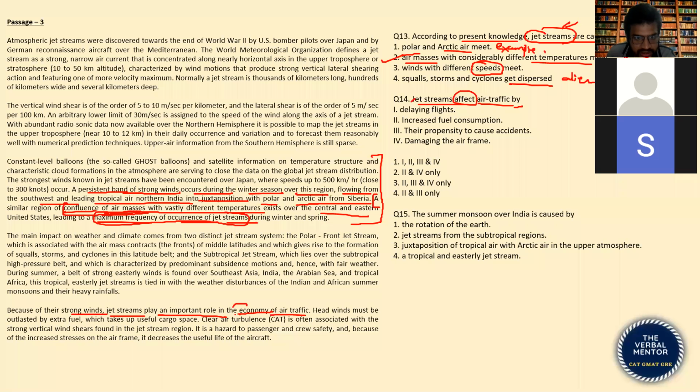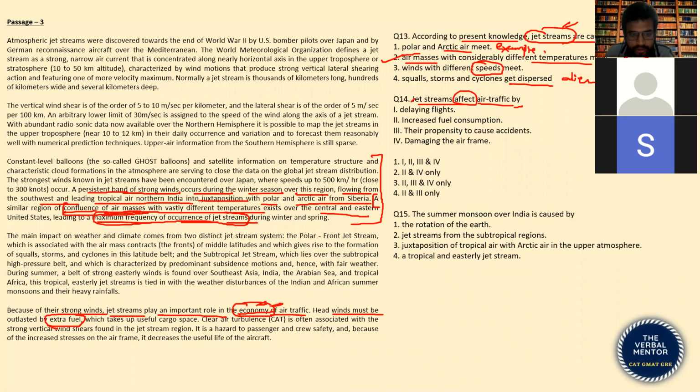All right. Economy means operating expenses; probably they increase the operating expenses. That is why he's talking about economy of air traffic. Headwinds must be outlasted by extra fuel. Here we go. Dude, you are not telling me anything new. I could already figure it out. Now, this is called inference. If you read something, don't just read it. Figure out what is written.